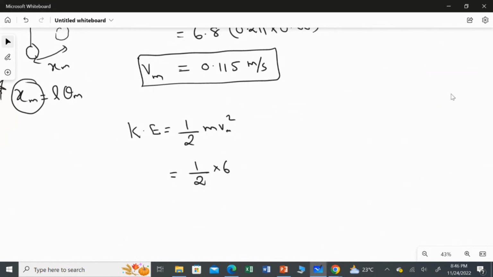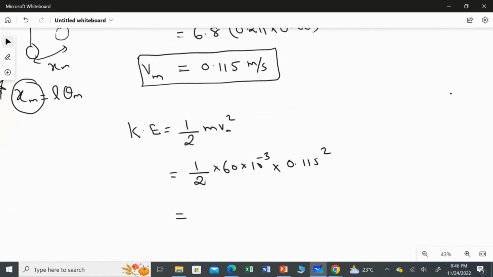So 60 gram, I have to convert, is 60 multiplied by 10 to the power of -3 kilogram, multiplied by our maximum speed 0.115 squared. So I'm going to multiply again: half multiplied by 60 times 10 to the power -3 multiplied by 0.115 squared.